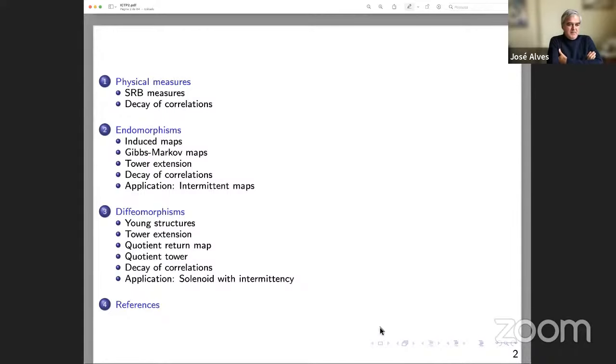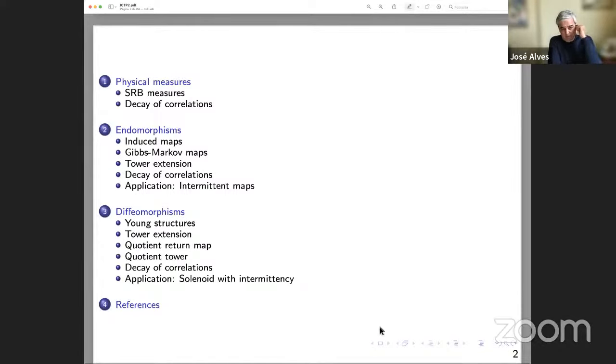If the induced map has some good properties, those that define Gibbs-Markov maps, then we have some good invariant measures there, and they give rise to good measures for the original dynamics.